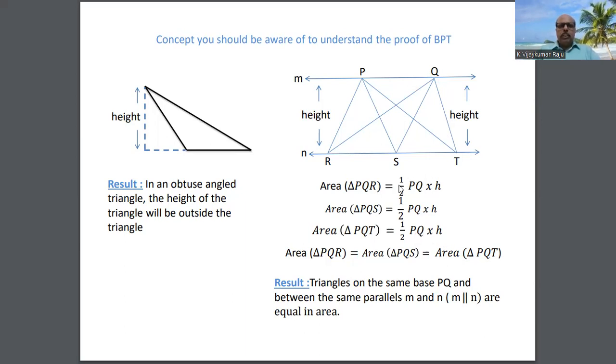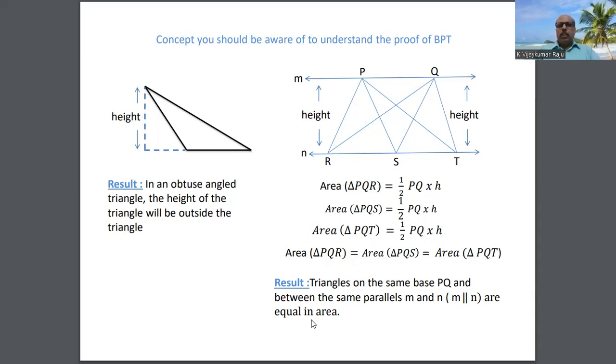So the formula for all the three areas is the same. That is, area of triangle PQR is equal to area of triangle PQS is equal to area of triangle PQT. So the result states that triangles on the same base PQ and between the same parallels, that is M parallel to N, are equal in area.